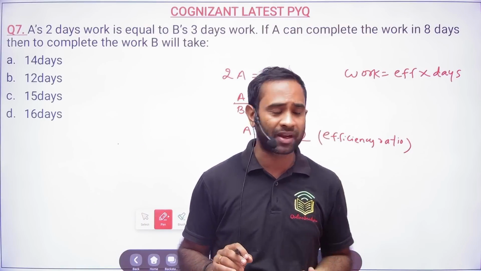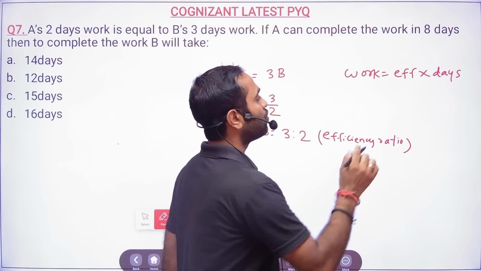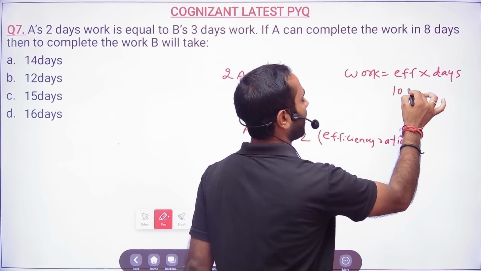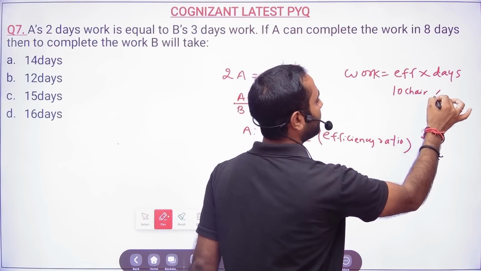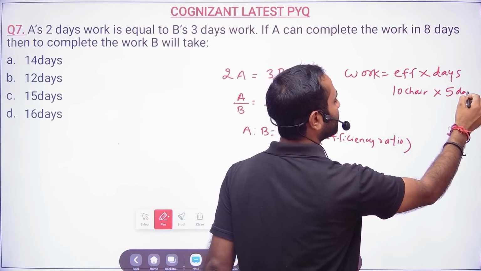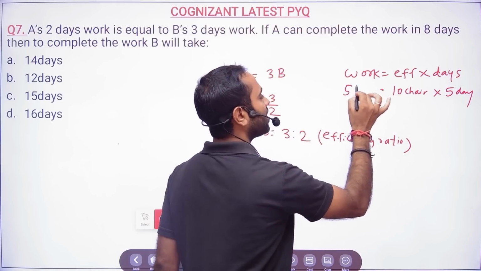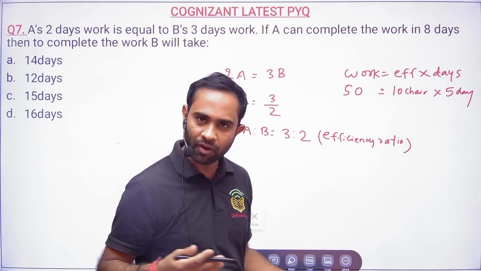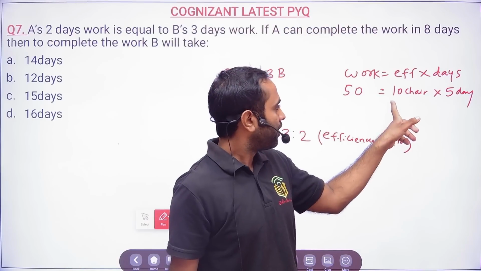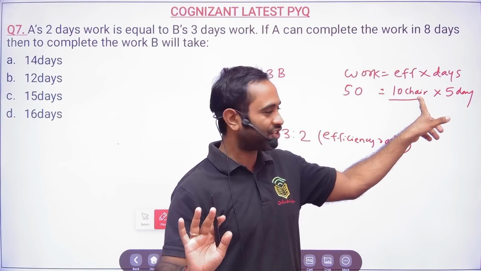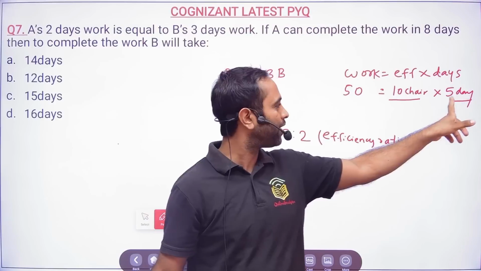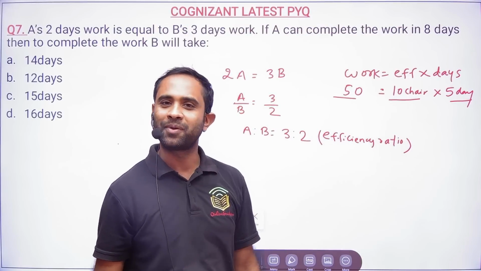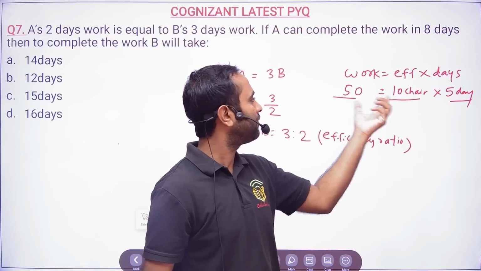You don't have to remember anything. Suppose you can clean 10 chairs in a day, okay? And if I give you 5 days, how many chairs will you clean? Sir, 50 chairs. Cleaning 50 chairs is a work, right? So your efficiency is 10 chairs per day. You are getting 5 days, and you are cleaning 50 chairs. So days into efficiency will be equal to work.